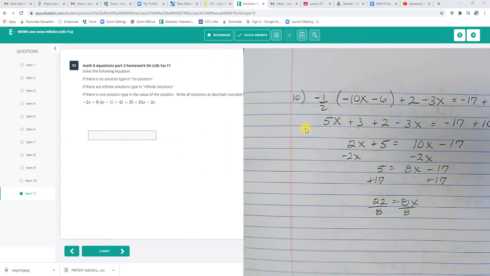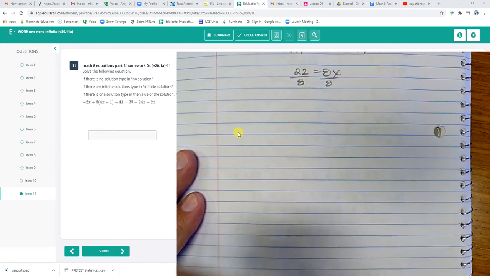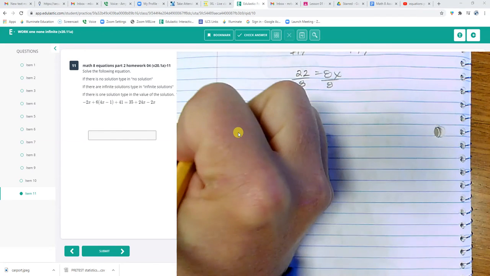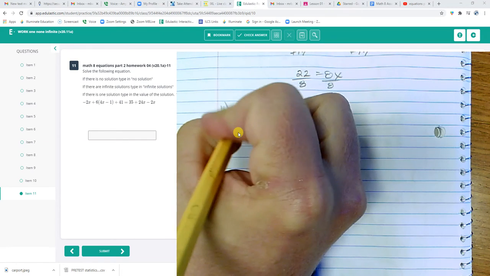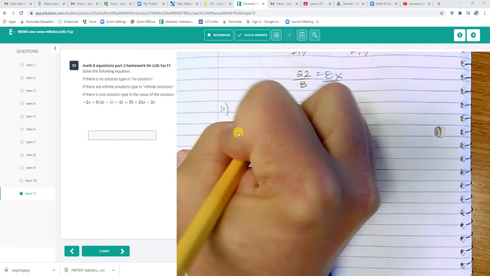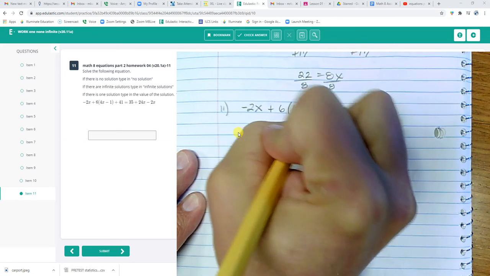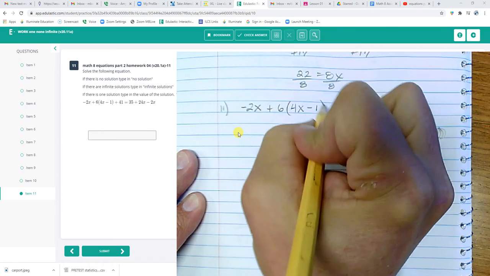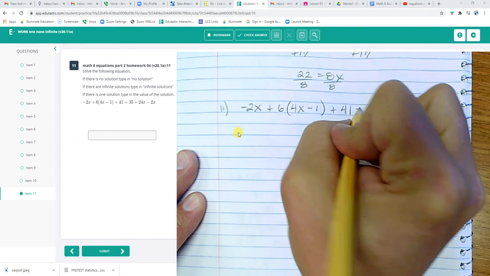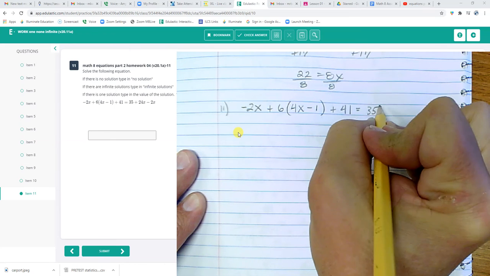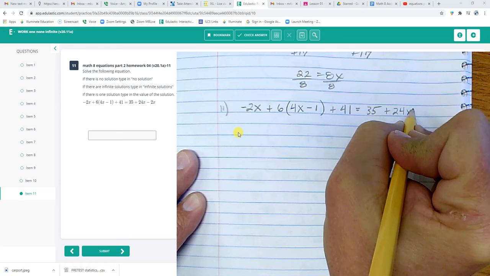And our final one here, number 11. Negative 2x plus 6(4x minus 1) plus 41 equals 35 plus 24x minus 2x.